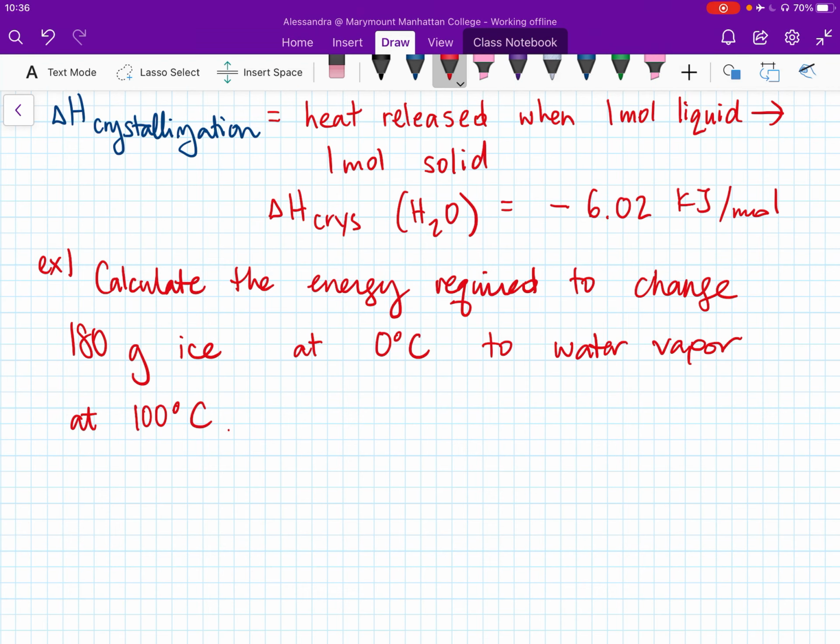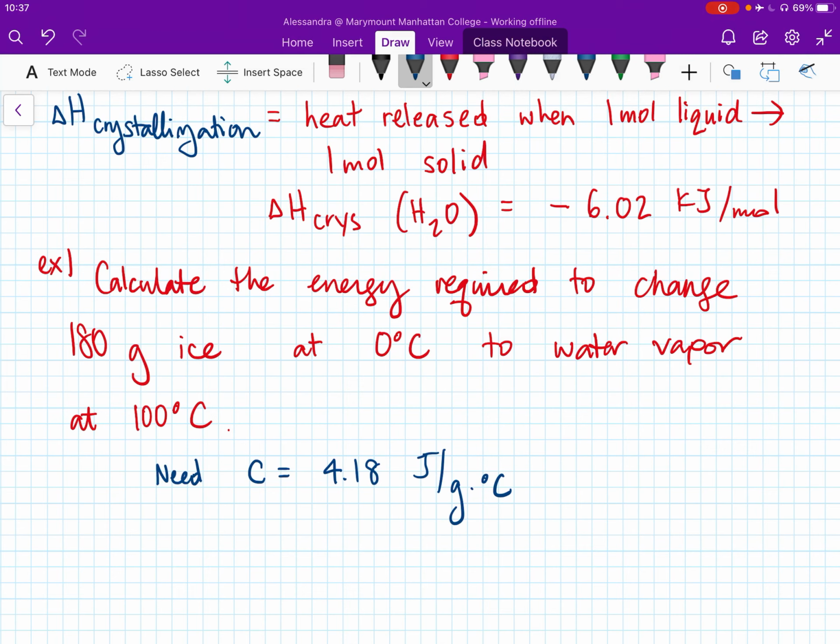I'm going to give you a hint for this problem. You're also going to need the specific heat of water. The specific heat of water, you may recall, is 4.18 joules per gram degrees Celsius. And this is the amount of energy required to raise the temperature of 1 gram of water by 1 degree Celsius.